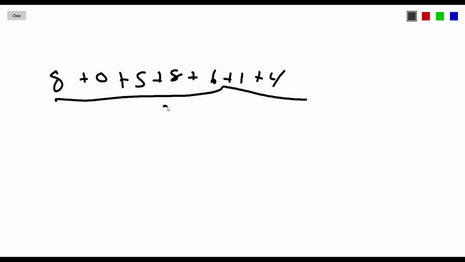So we have our mean, and so we're going to subtract everything by those numbers. So that first number, to save time, I'm not going to write down the numbers. You guys follow along as you can. We should have 8 plus 0 plus 5 plus 8 plus 6 plus 1 plus 4, and we're going to divide all of those by 7.